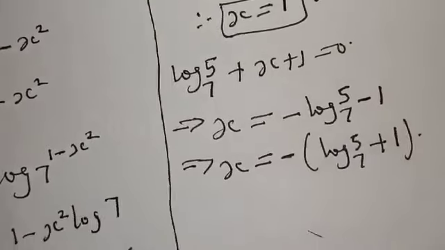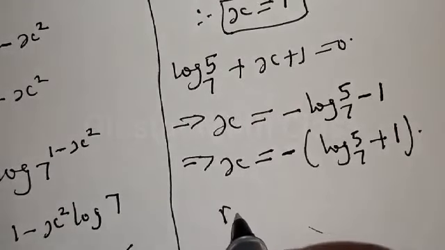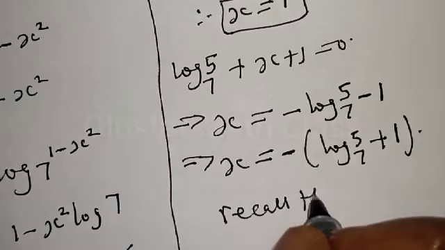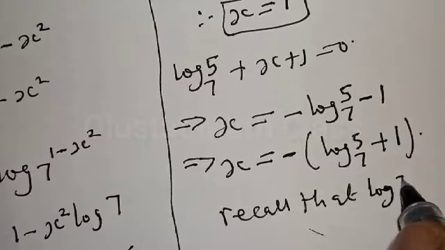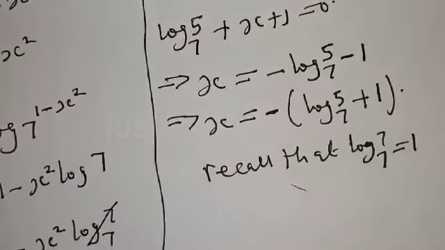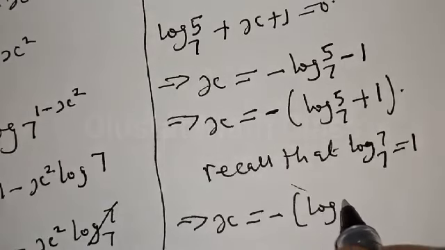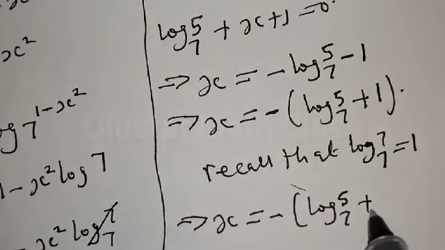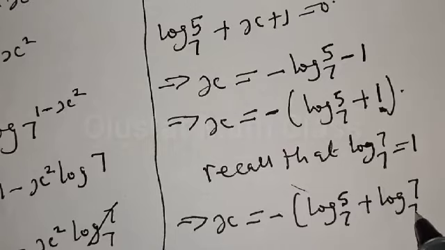And we should record that log 7 base 7 is equal to 1. This implies that we have x to be equal to minus into log 5 base 7 plus, then we can replace this 1 as log 7 base 7.